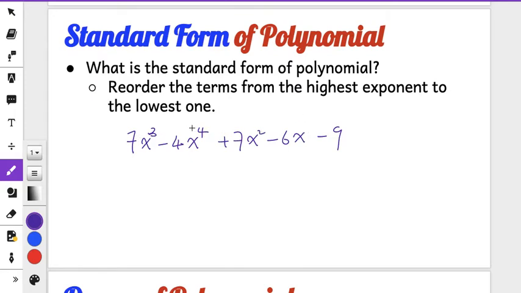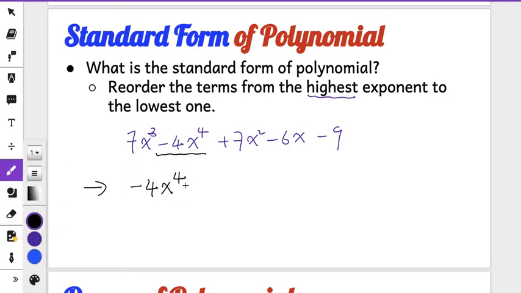Standard form is very simple: we just need to rewrite all the terms from the highest exponent to the lowest one. So what does that mean? Let's rewrite them. I'm going to check the exponents, so I can see the very highest one is 4, so I'm going to rewrite this one, but do not forget, you are going to rewrite the whole term, so I'm going to bring the coefficient with me.